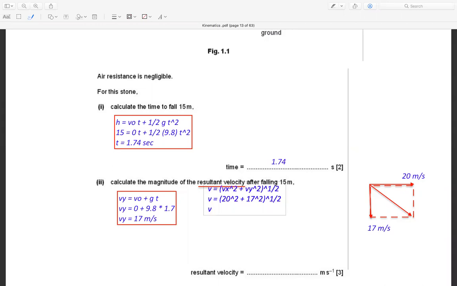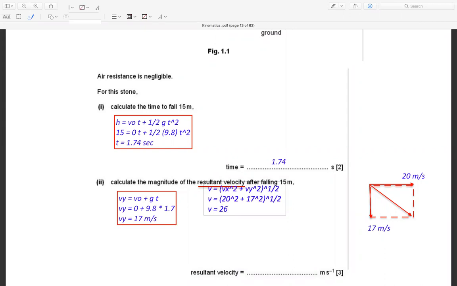Kita langsung hitung saja, 20 kuadrat ditambah 17 kuadrat equals 689, and we root 689, 26.2.